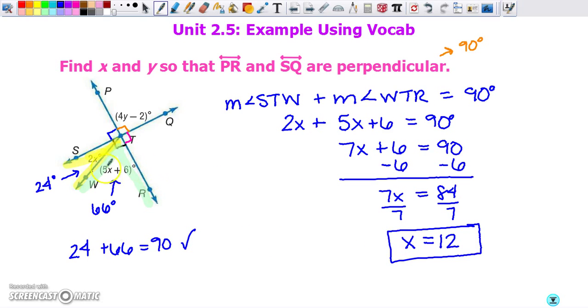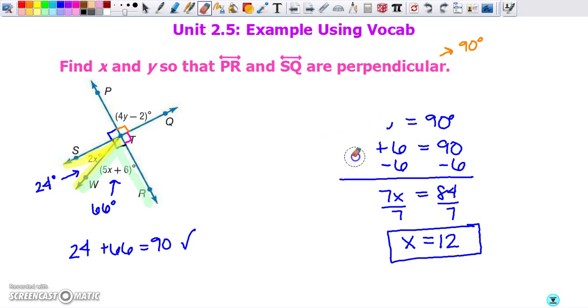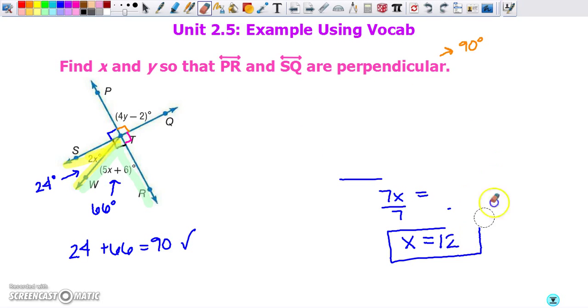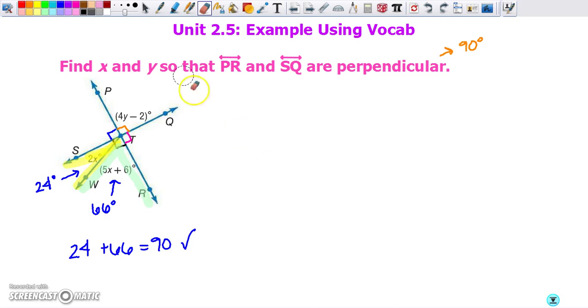That's good. Now we need our y value. The y value and the placement of it is angle PTQ. So I'm going to get rid of all this first. Then if you look at the placement of that angle, it is 90 degrees all on its own. So if it's 90 degrees all by itself, then we can say the measure of angle PTQ is 90 degrees, right?